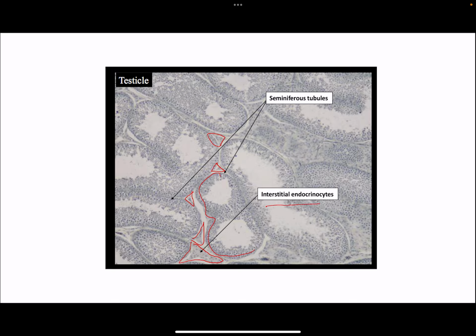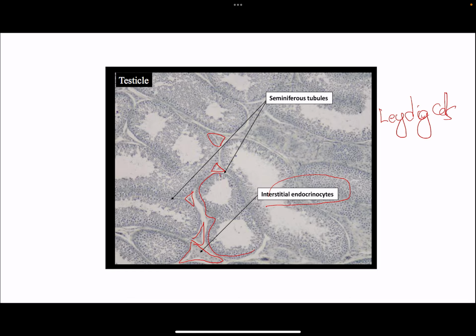That is called interstitial endocrinocytes. This is also called Leydig cells.